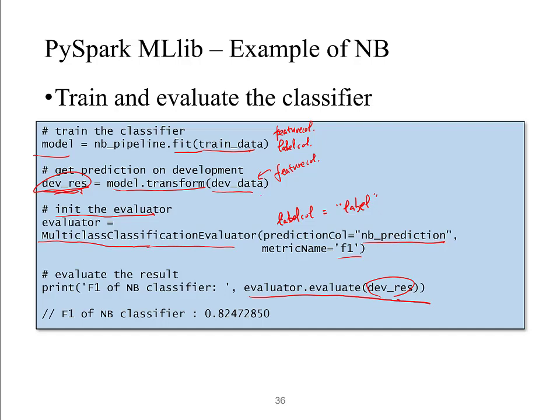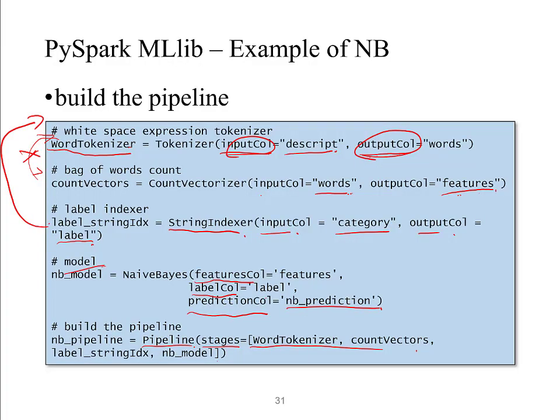And the output or prediction column is defined here. So this is essential. You need to define the features column, the label column, and the prediction column. As you can imagine, if your data frame has multiple label columns and multiple features columns, you can also define multiple prediction columns.